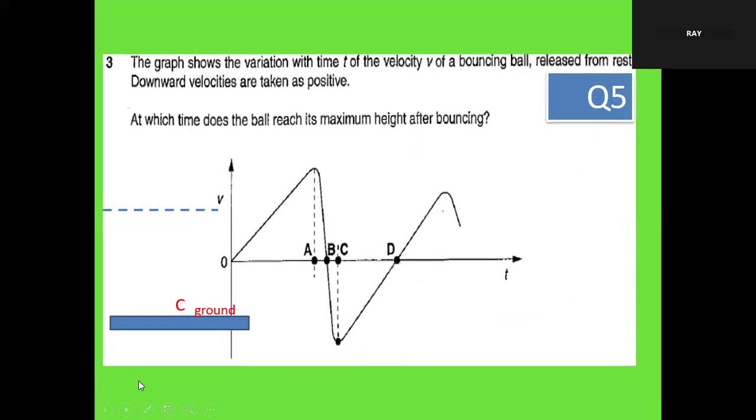How about this one? The graph shows a variation with time t of velocity of a bouncing ball released from rest. Downwards velocity is taken as positive. At which time does the ball reach the maximum height after rebounding?